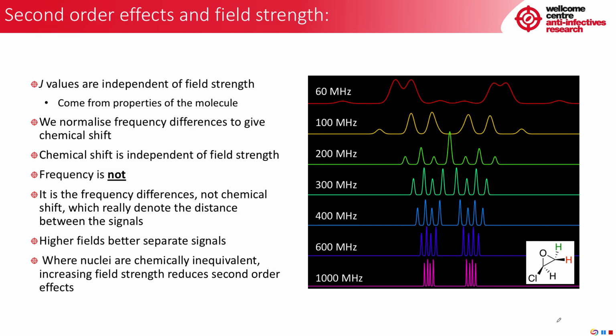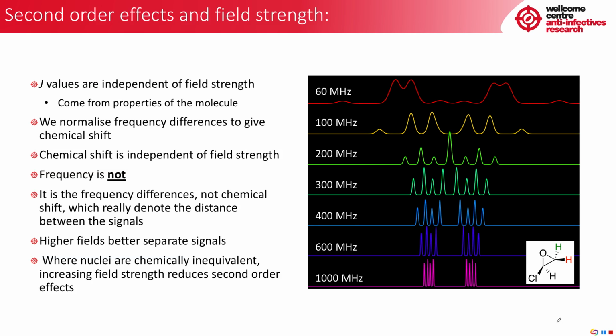Now, you're used to seeing spectra in a format where chemical shift is displayed, and it is also independent of field strength. However, chemical shift is a useful normalization tool we employ, where we essentially normalize out the difference in frequency.